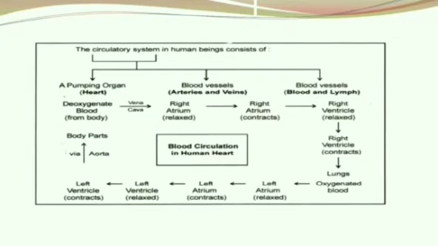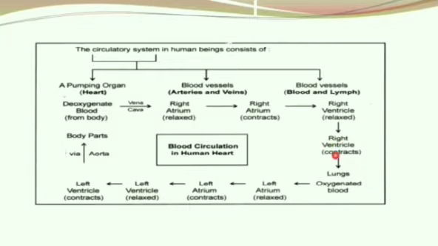In the right atrium, first the cardiac muscles are relaxed. This is termed diastole, as I have already mentioned in my previous slide. And then it contracts and this is termed systole. From the right atrium, it now enters the right ventricle. And again, diastole happens and then systole happens.